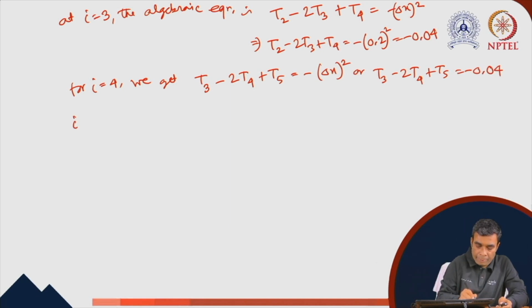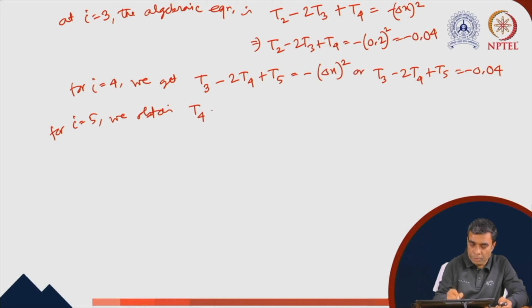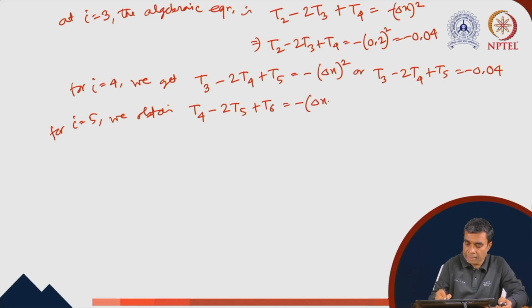Now we are left for the last node. For I equals to 5, we obtain T(i-1), T4 minus 2T5 plus T6 equals to minus delta x whole square.